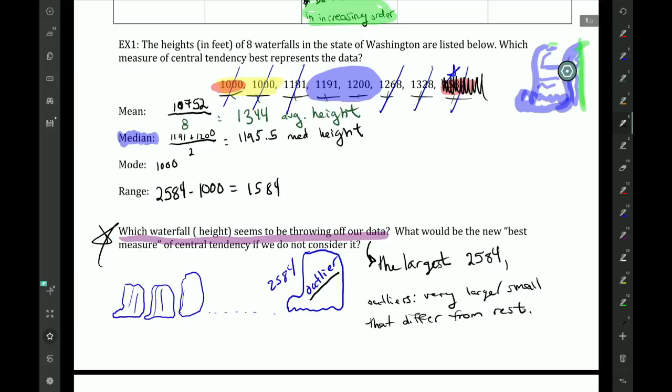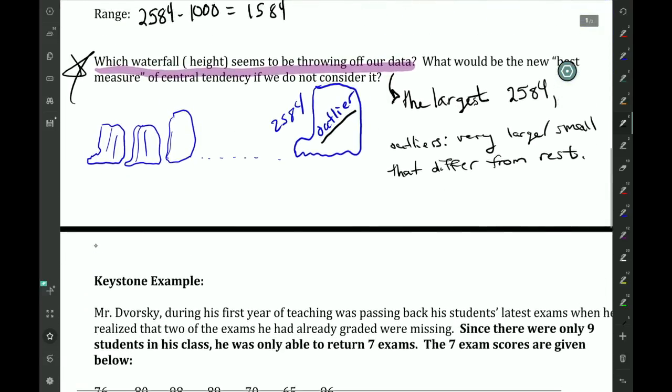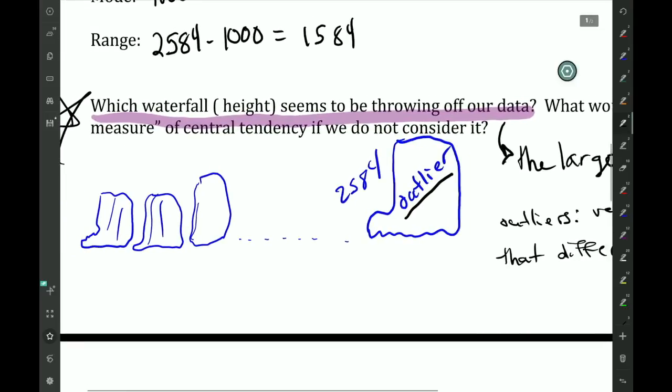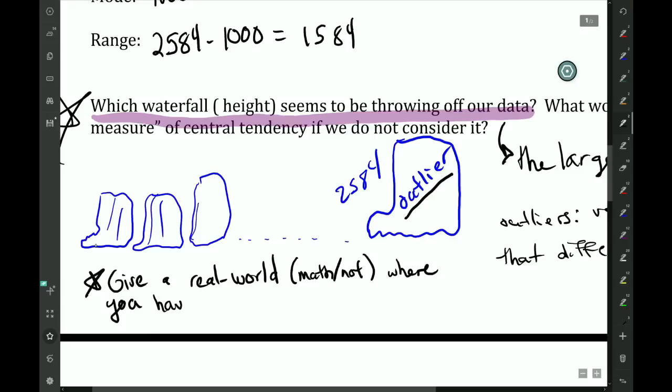What I would like you to do is on Google Classroom, so we'll do this Keystone example in class, but what I want you to do is give a real world example, and it doesn't have to be mathematical, so math or not, where you have heard the term mean or average, median, range.